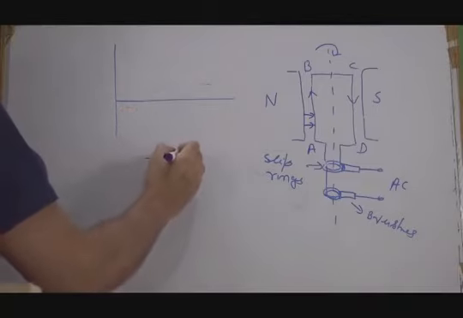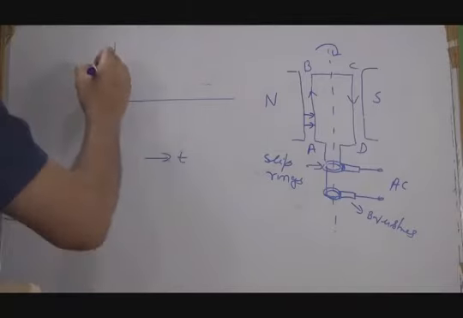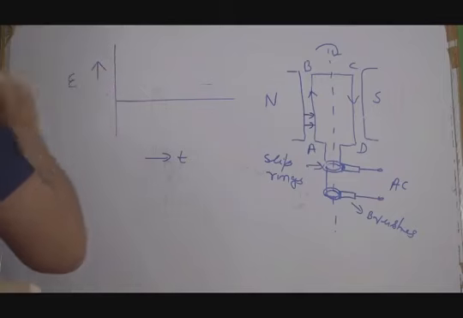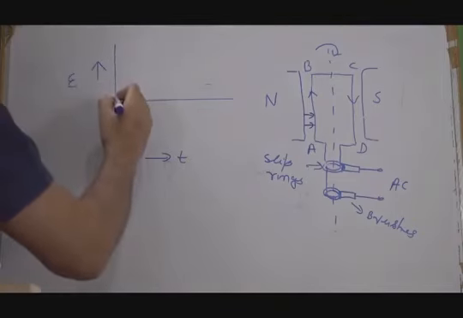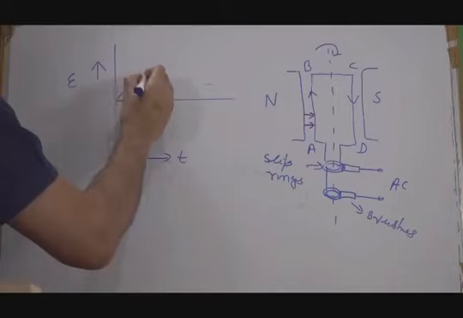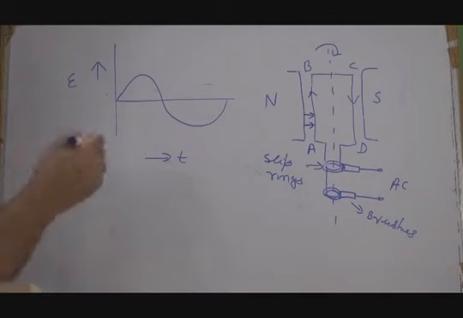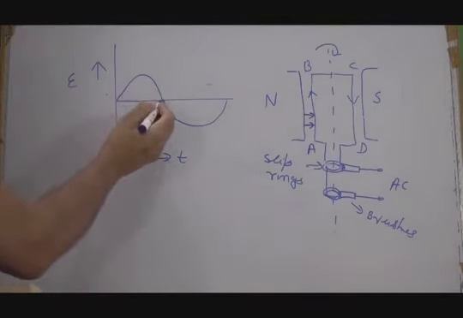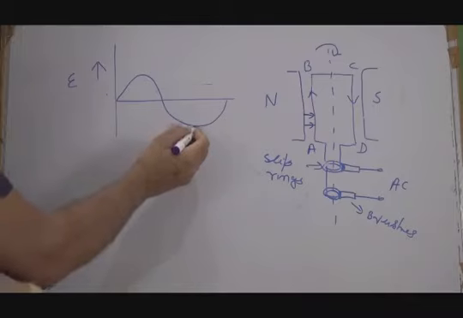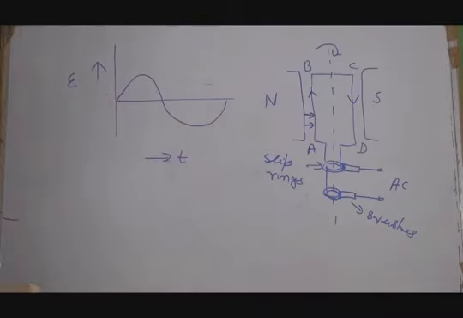Along this I am taking t or omega t, along this the induced EMF. Because it is a function of sin theta, the shape will be like this. It is a graph for sin theta, so 0 to maximum, then it will decrease, become 0, then negative maximum, then again 0. In the same way, current will also vary.